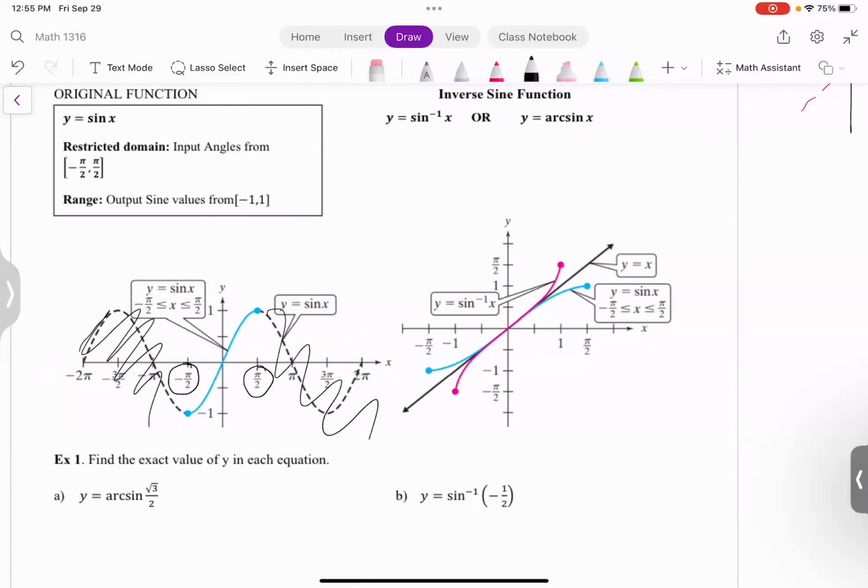I only look at the graph between negative half pi and half pi. You will see the blue curve. Yes, this is a one-to-one function. I draw a horizontal line, I only have one intercept. That means if I only look at the graph between negative pi over 2 and pi over 2, the function sine x has an inverse function.